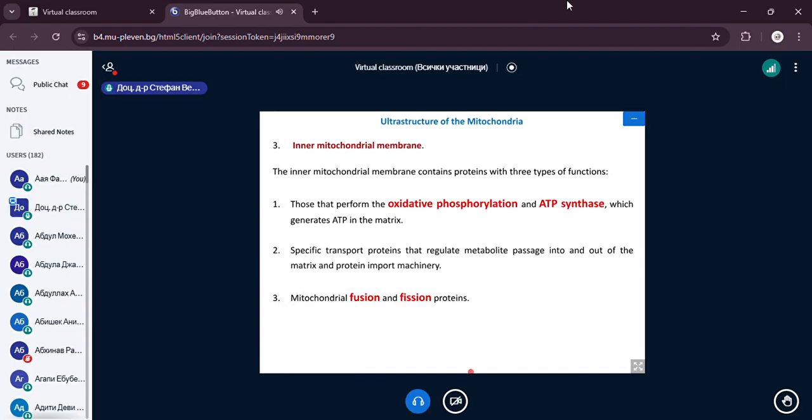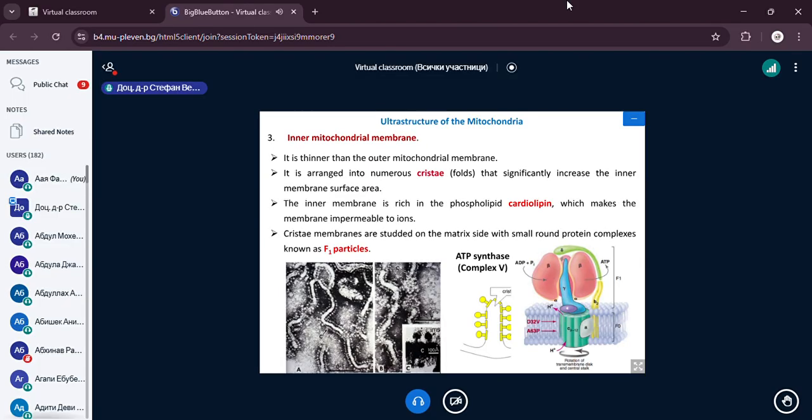The inner mitochondrial membrane. The inner mitochondrial membrane is quite different from all membranes in the cell. Because of this supposed origin of the mitochondria to be a prokaryotic cell taken by the eukaryotic cell via the process of endosymbiosis, the inner mitochondrial membrane contains special phospholipids which are not present in other membranes of the cell.